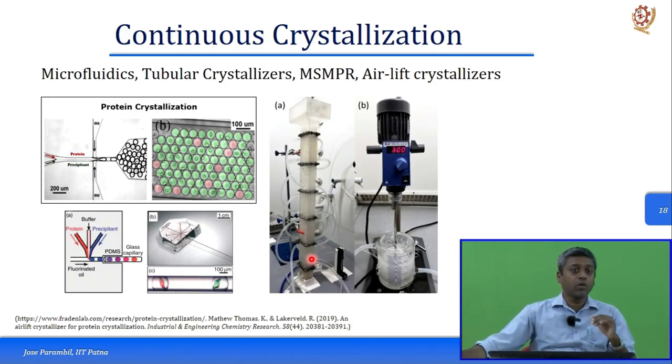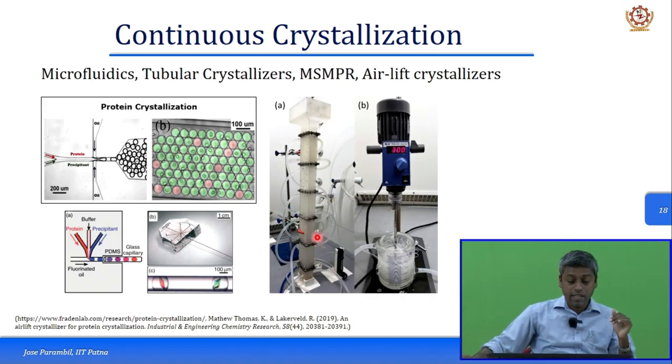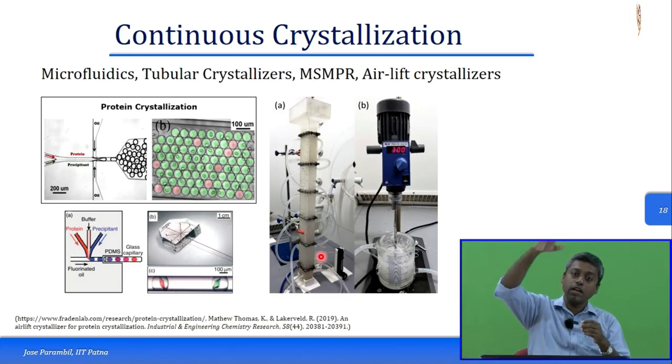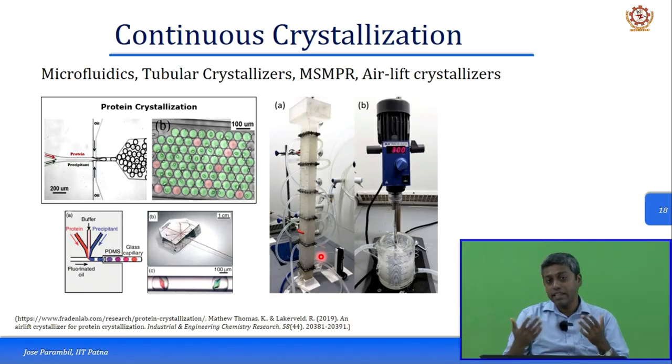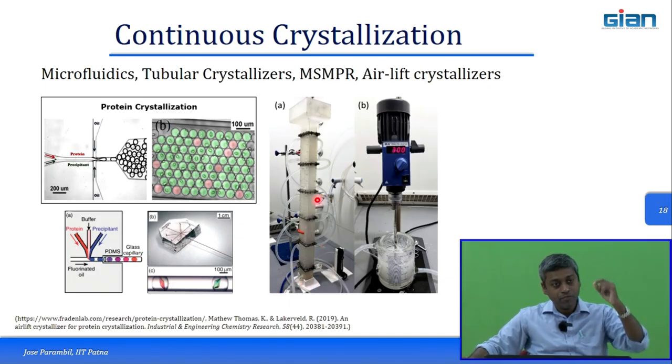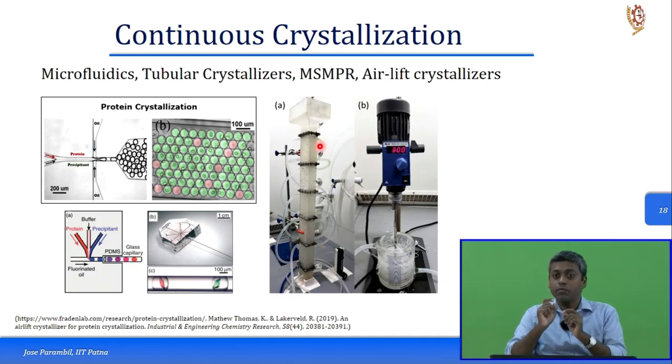On the other end of the spectrum, you have, for example, something called an airlift crystallizer, which has been reported. In the airlift crystallizer, similar to the fluidized bed, you are trying to maintain the crystals within the airlift zone. You can provide air as the medium which continuously moves up and provides the mixing, and it can also help maintain the required concentration gradient, thermal uniformity and concentration uniformity.